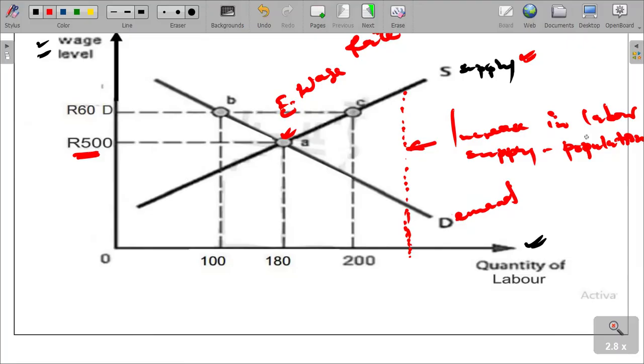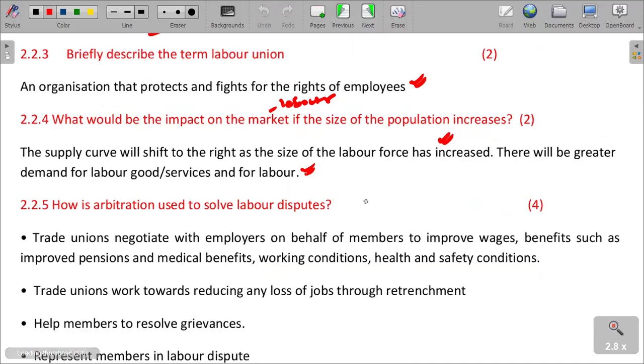We might also have that wages decrease, because the more people there are, the more they want to work, and therefore their demand would also increase because people are affording them. That is what happens in this situation.